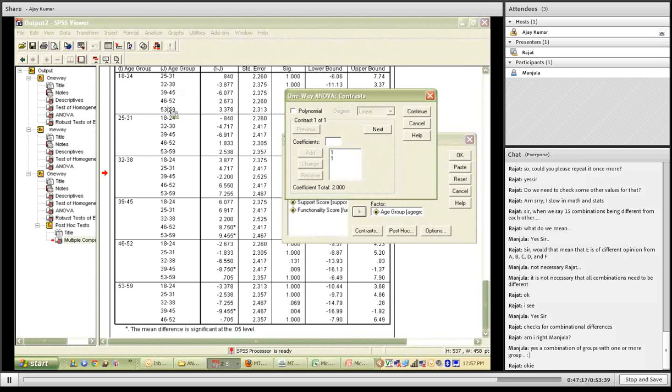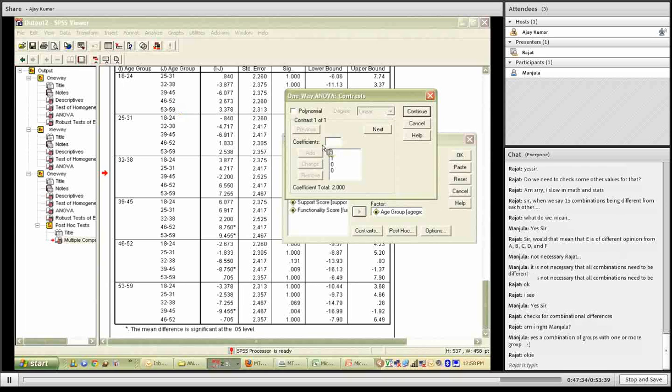The two groups in between I want to eliminate from my analysis, so I will give them 0 because I do not want to analyze them. And then these last two groups I will make -1 and add. So the contrast total comes out to be 0.